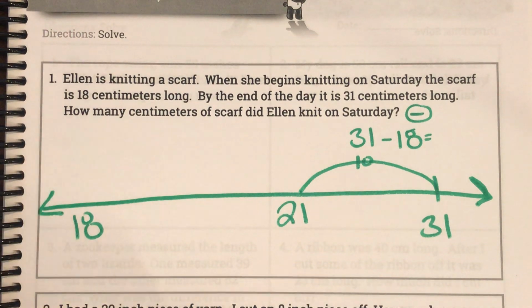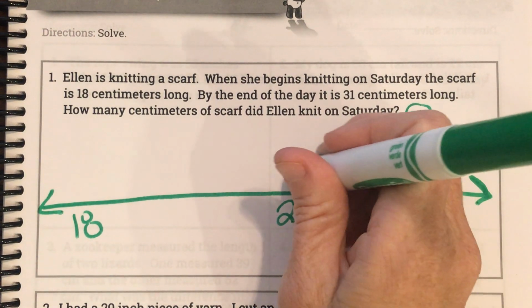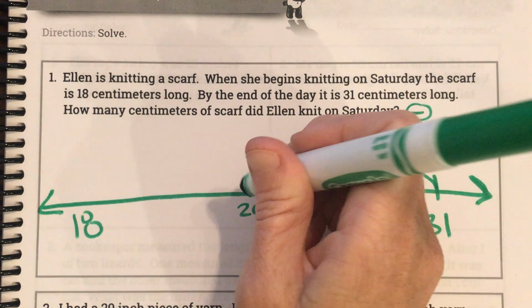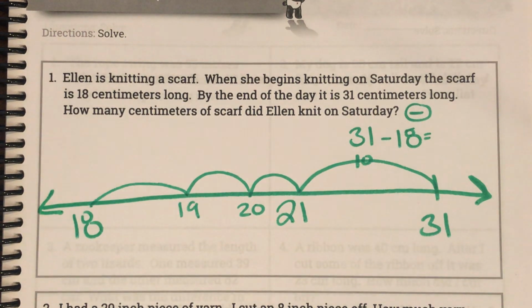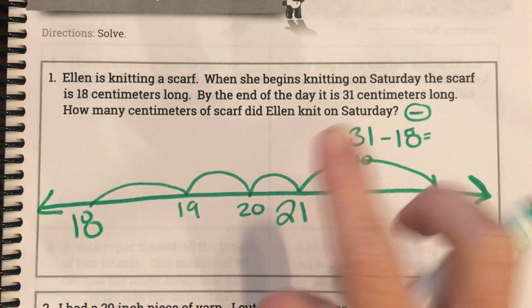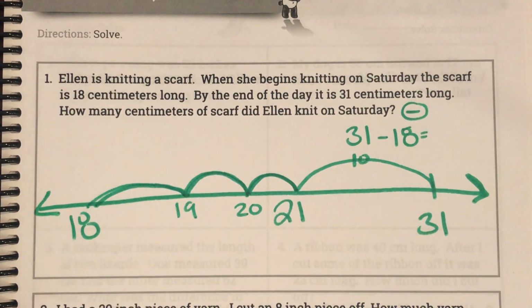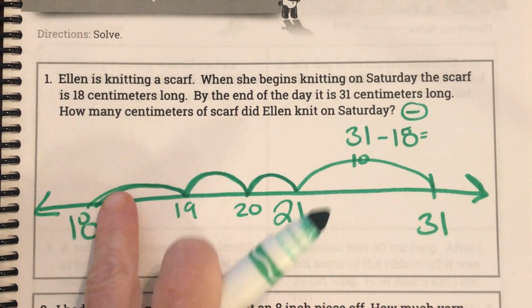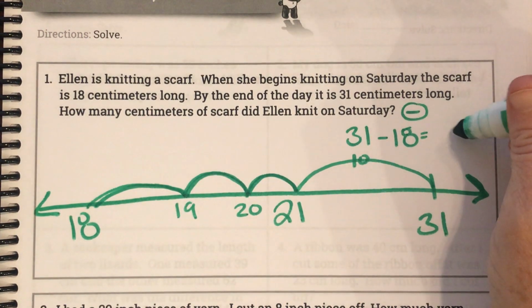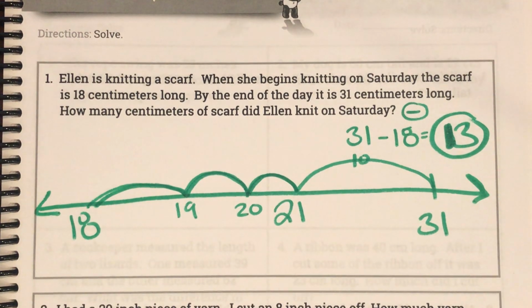So I'm going to go too far. So now I think we need to do little counts. We can do one little count to 20, 19, oops, and that was kind of far away, 18. So I have 10, 11, 12, 13. It took me a jump of 10 and 3 little jumps, which is 13. So our difference is 13.